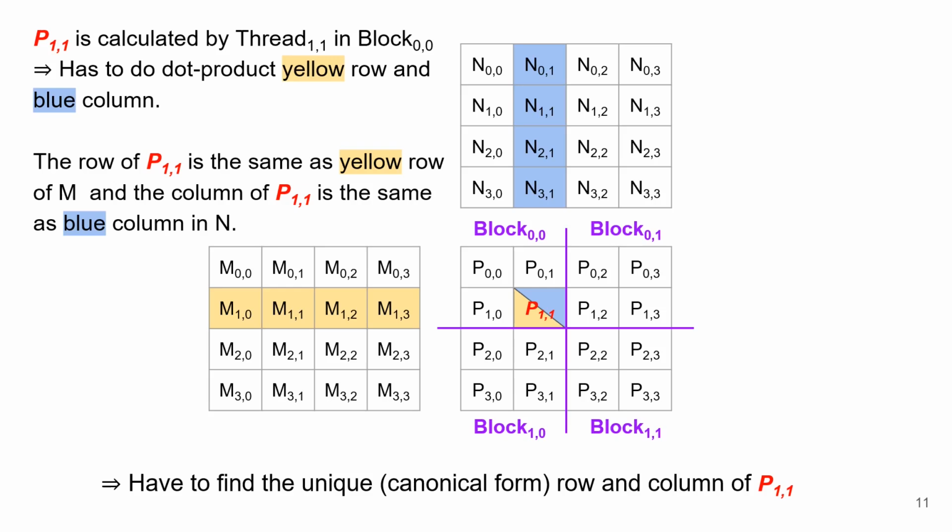That row actually refers to the row number of M, or the yellow row, and the same column refers to the column number of N, or the blue column. So if we can find the row and column numbers, we can use the same information for input matrices. The question is then, given the thread and block numbers, how we can formulate them and find the unique row and column numbers.